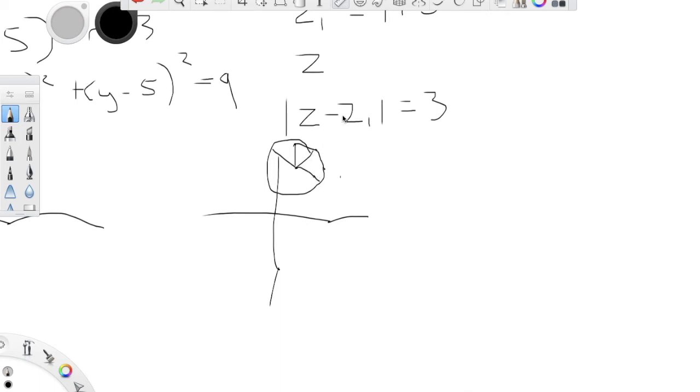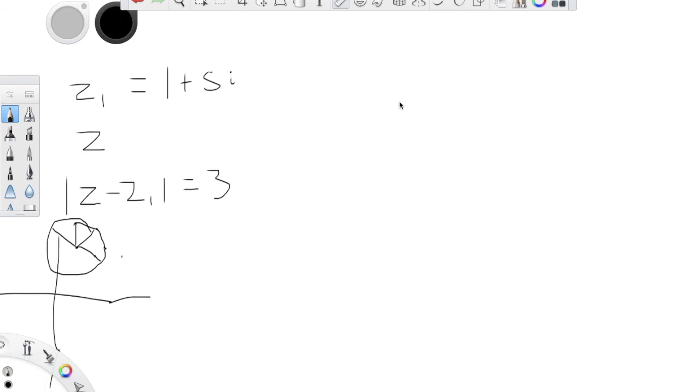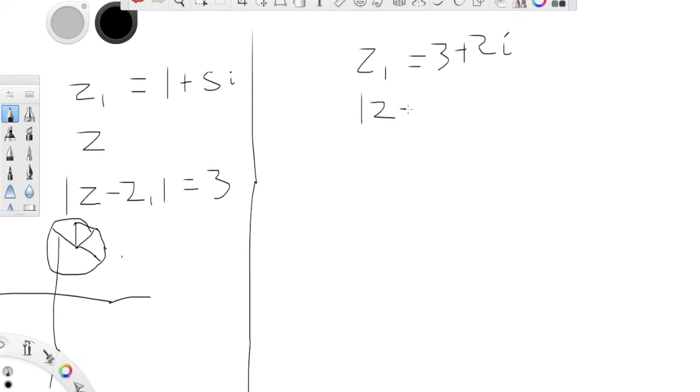So that's how that works. Now, say we were given a new one: z1 equals 3 plus 2i, and we were told that the distance between z and z1 was equal to 2.